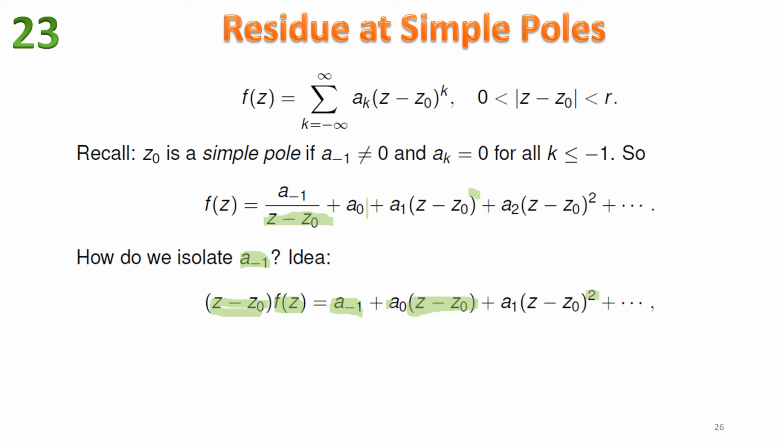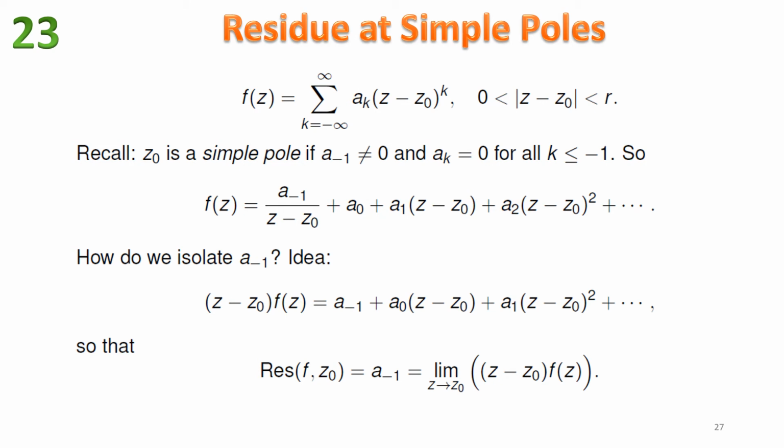Now how to find this a minus 1? So here the residue of the function at z0 is a minus 1, and we can find a minus 1 under the limiting condition z approaching z0. When z is approaching z0, what happens? This becomes 0. This becomes 0. All later terms are vanishing.